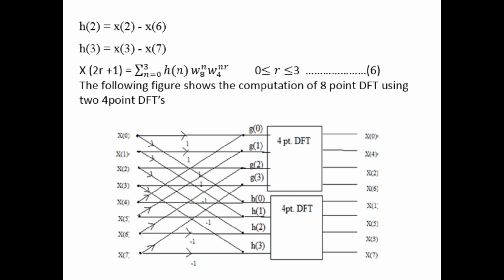Then x of 2r plus 1 is equal to summation n is equal to 0 to 3 h of n into omega 8 of n into omega 4 of nr, where r varies between 0 to 3. We can call it as equation number 6.